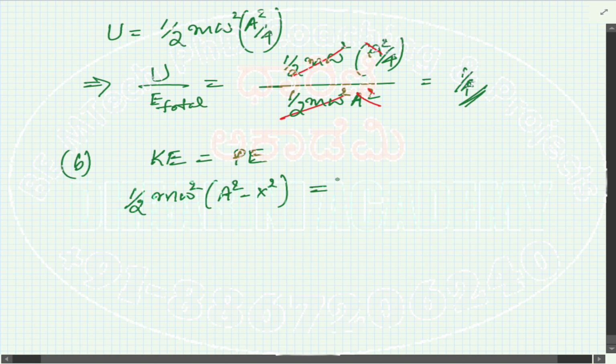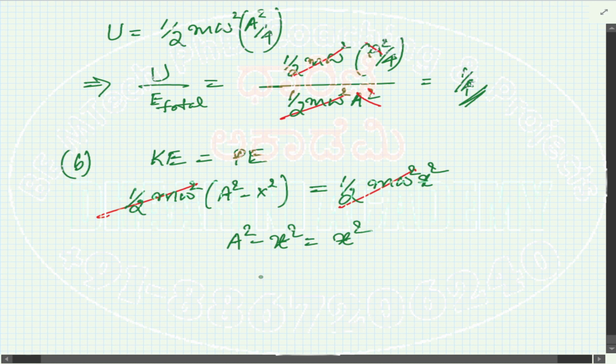This should be equal to half m omega square into x square. Whatever terms we can, we will cancel: half m omega square cancels with half m omega square. So this means A square minus x square equals x square.